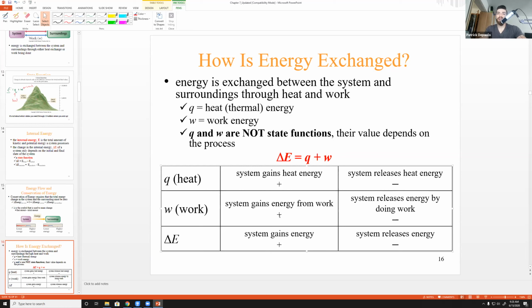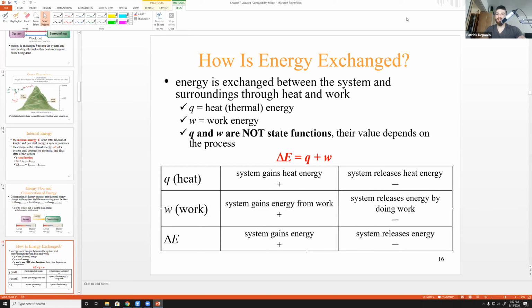For work, system gains work, plus. System releases work, or the system could do work on the surroundings, that's also negative. That's a weird little thing. Sometimes if you say something does work on something else, the sign is kind of saying it releases work into that thing.